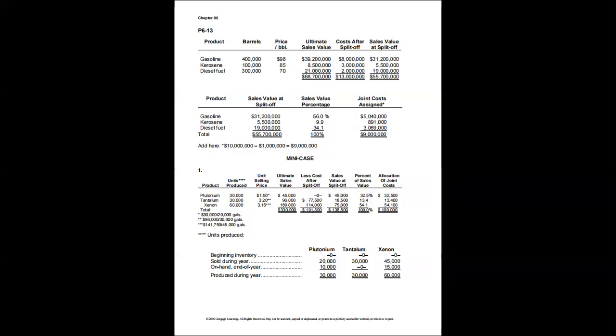Okay, so for the beginning inventory, 0, you sold during the year, end of the year inventory. So we now get the total units produced during the year. So at least we have the solution.